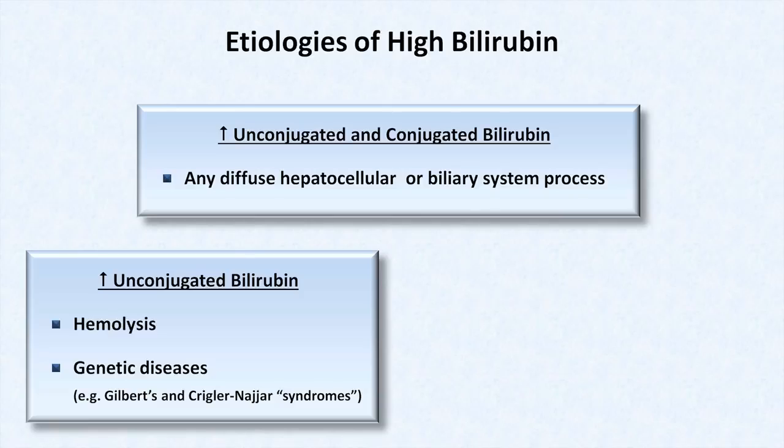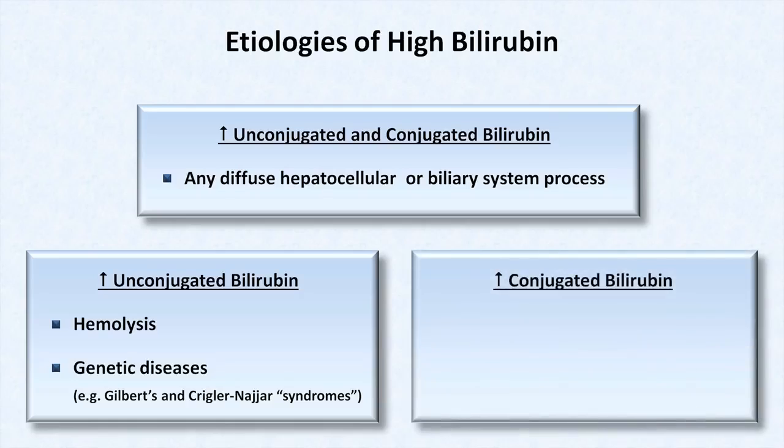I've put syndrome in quotation marks here because although they are referred to as syndromes in the medical literature, the actual genetics and biochemistry of these disorders are well established and their manifestations are so focused, it doesn't make sense to me to refer to them as syndromes at all.